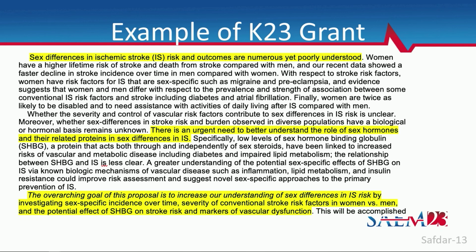You really have to make the reviewers understand what the hypothesis is, and what mechanism is proposed between, for example, in my grant, sex differences or sex hormones and stroke risk. So not just saying this is what we're going to investigate, but proposing a biologic mechanism that can be achieved in the grant. We looked at things like inflammation, lipid metabolism, and insulin resistance. This grant is still ongoing; I'm in my last year.